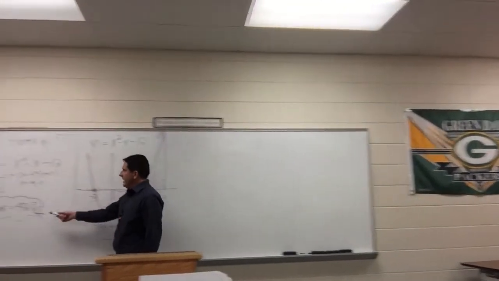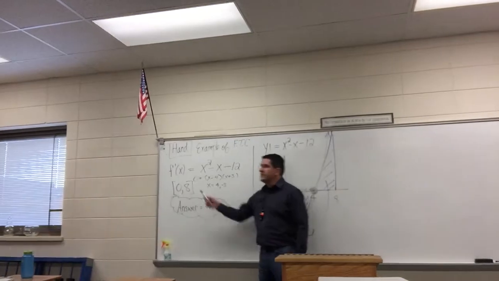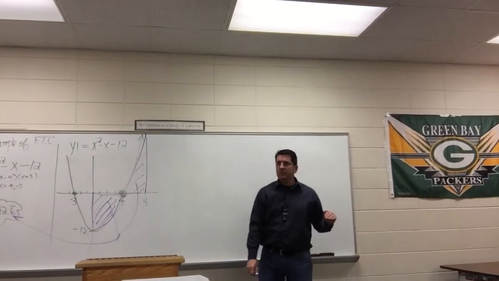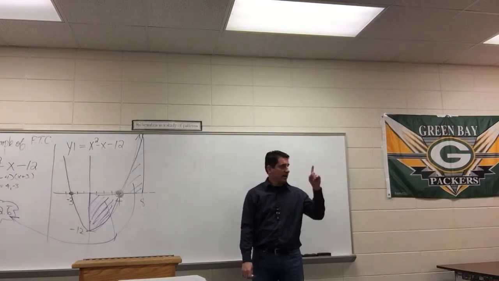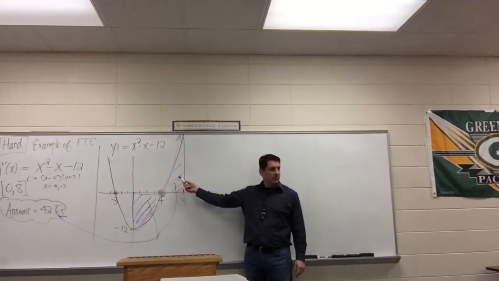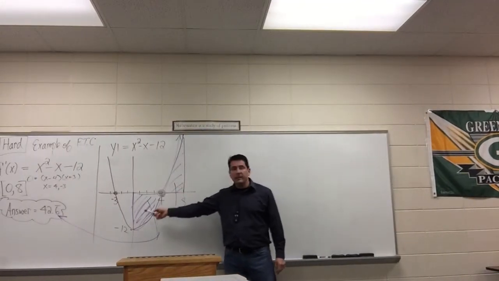Since the answer is positive, that means on the integral from 0 to 8 the net change in the function went up. Which means that the area that's above is more than the area that's below.